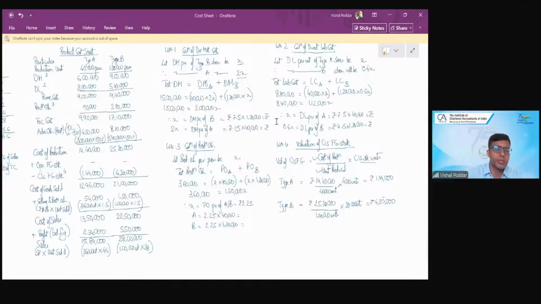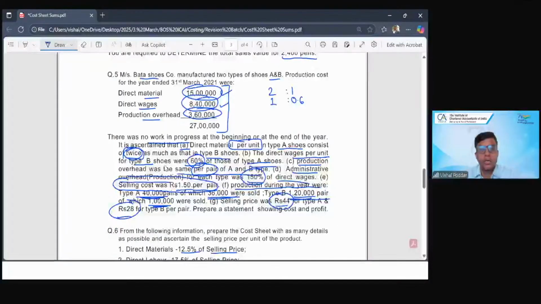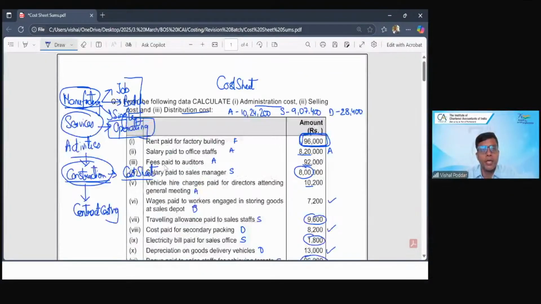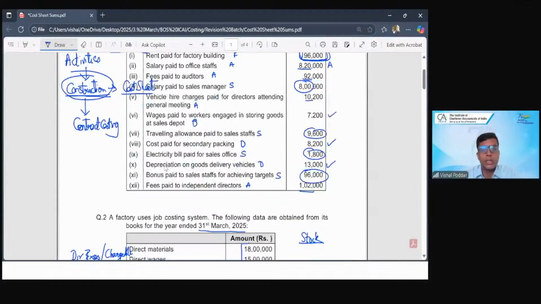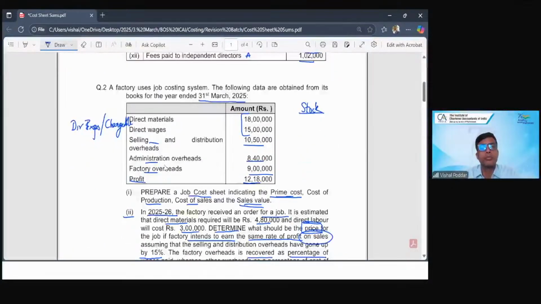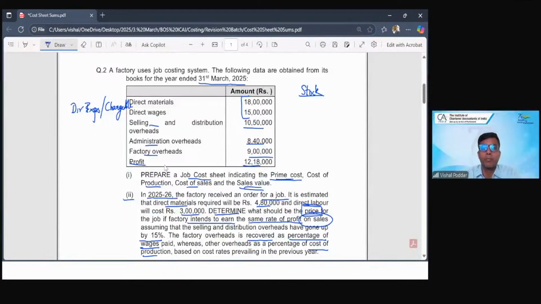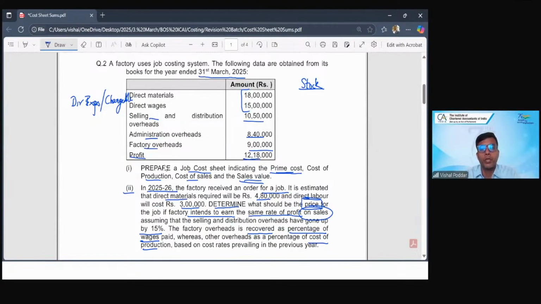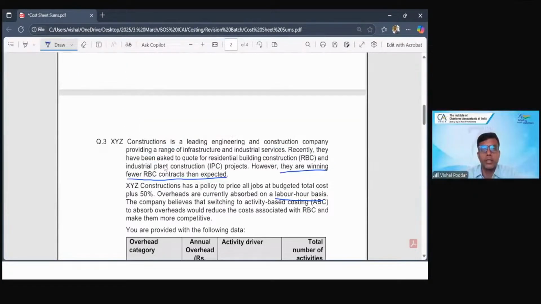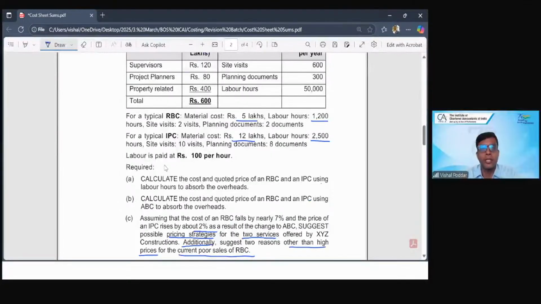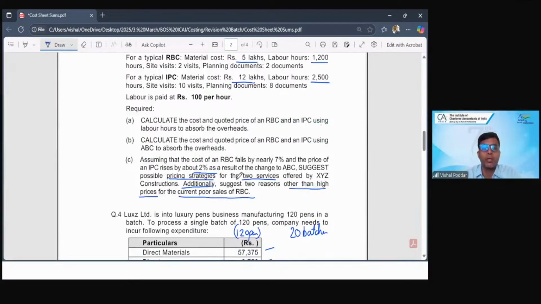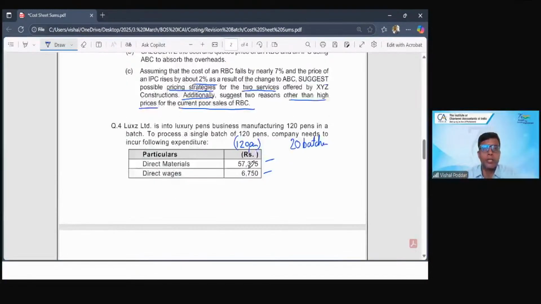Yes, all questions that we did today, I tried to cover all possible varieties, starting from this conceptual type of question, then moving on to this question where we tried to first understand the basic format and then the costing. Then moving on to this construction company, which was a merger of cost sheet plus ABC, where we also gave a strategy depending upon the requirement and the details given.